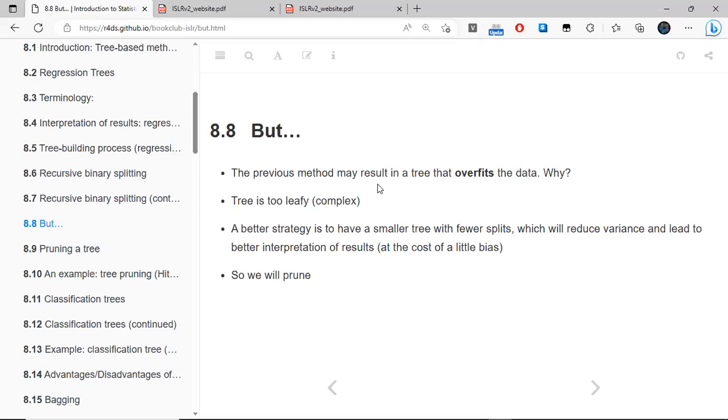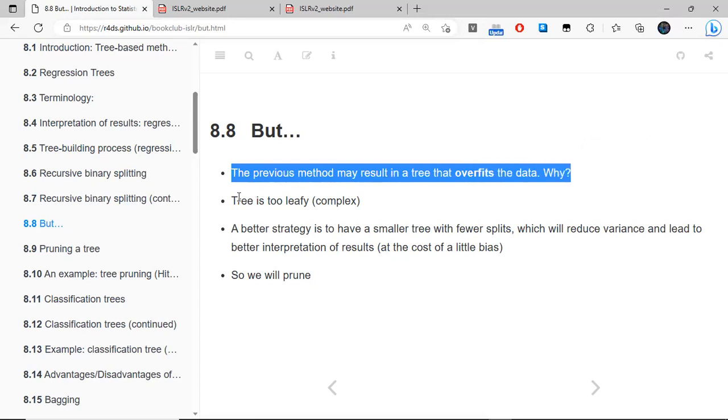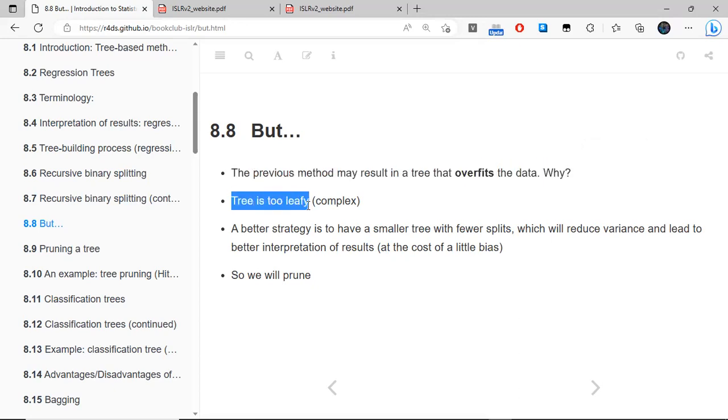The training error would be 0, and we already know why that's usually a bad case. So we want to avoid having a lot of regions, we want to avoid that the tree is too leafy, with too many splittings. To avoid this overfitting, one wants the trees to not have too many splits, not too many regions. This will reduce the variance and lead to a better interpretation of the results.